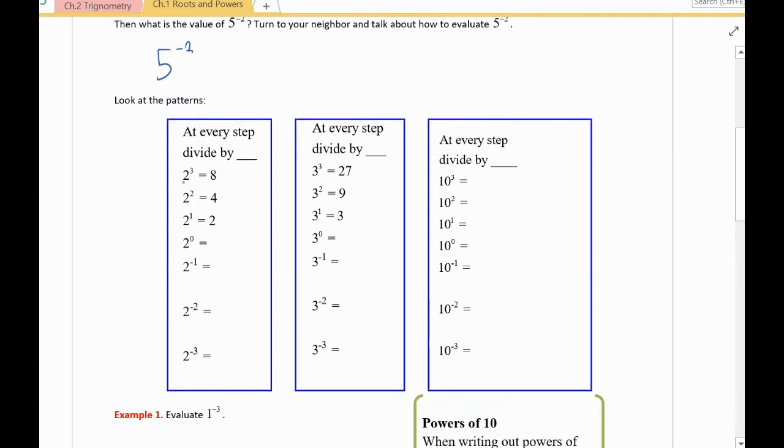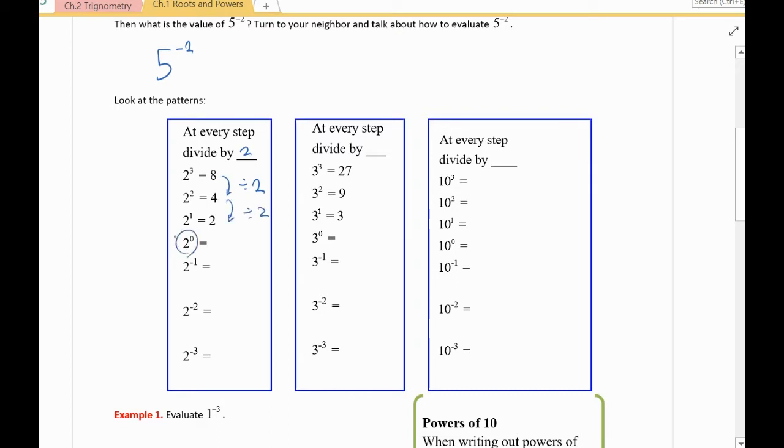Alright, if you see 2 cubed, what is 2 cubed? That is 8. What is 2 squared? That is 4. So at every step, you divide both sides by 2. So every step, 8 becomes 4, 4 becomes 2.